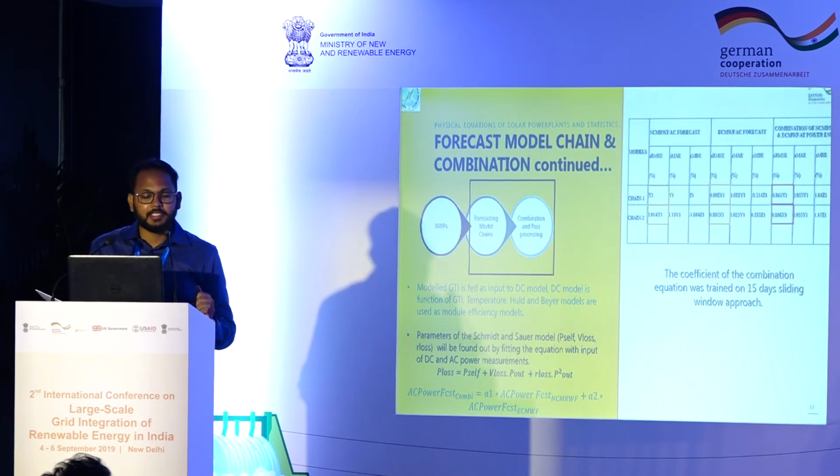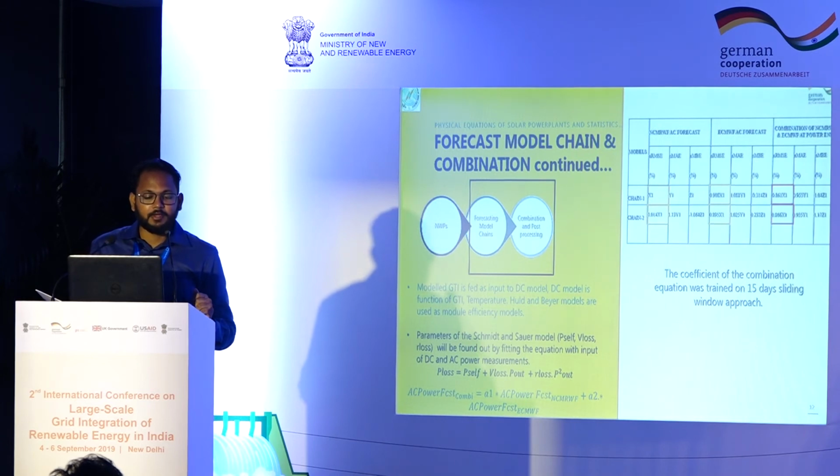Once we get the GTI, it goes into the module efficiency model, that is the DC model. Here the DC model is a function of the GTI and the temperature, as the module power output depends very much on the temperature, and in some cases it is also suggested to use the wind speed at the surface level.